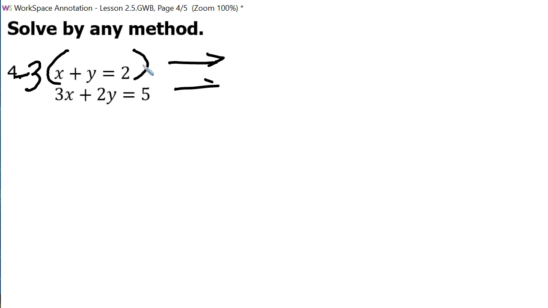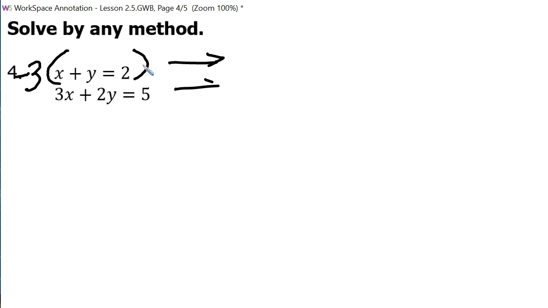Here, negative 3 times 2, negative. Okay, you're already doing it. And I got 3. Here, negative 3y, positive 2y, is negative 2.